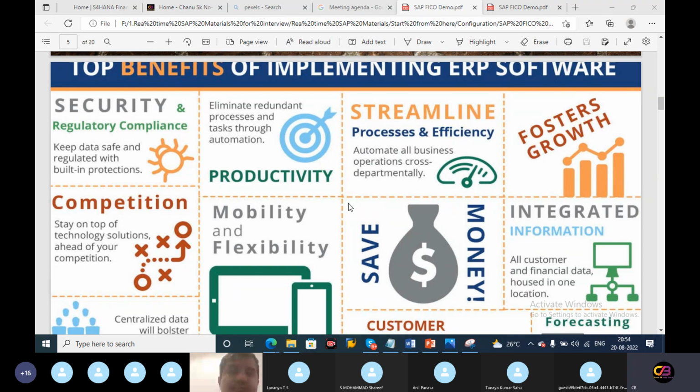SAP S4 HANA. HANA is a database. S4 means fourth generation business suite. So S4 HANA means S4 for business suite, and HANA is database software.